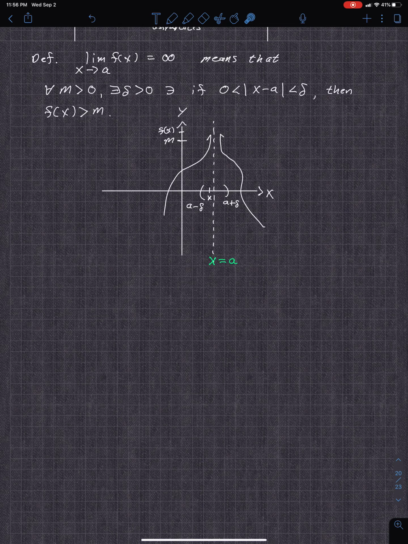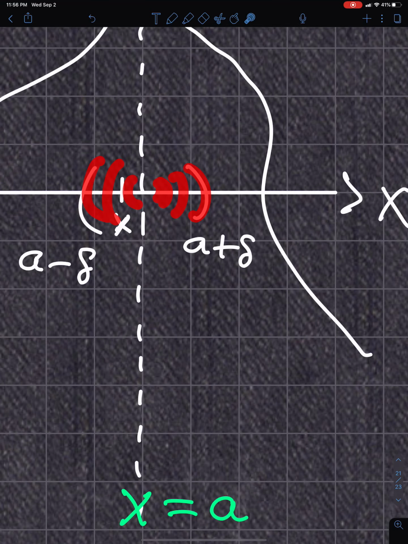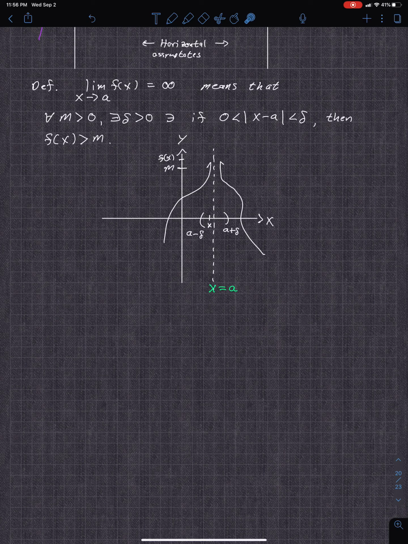So you're squeezing in closer and closer and closer, and that will guarantee, it doesn't matter the value of m, the function will be greater than that m. So that's what we mean by infinity, basically.